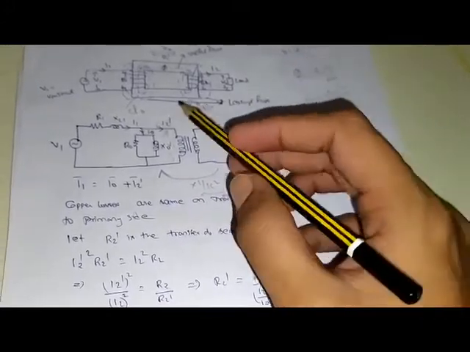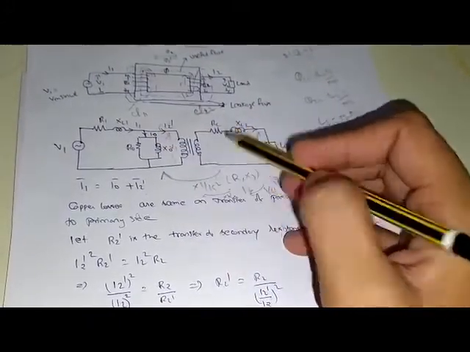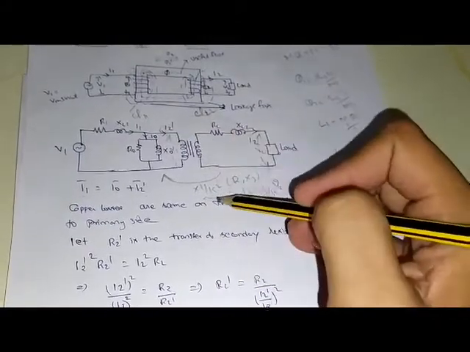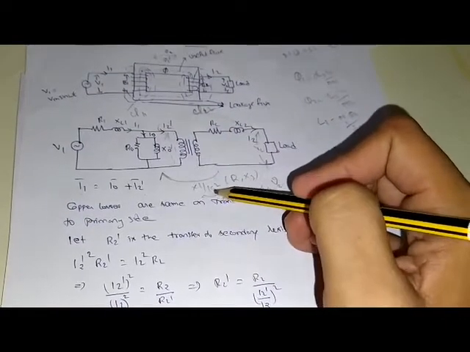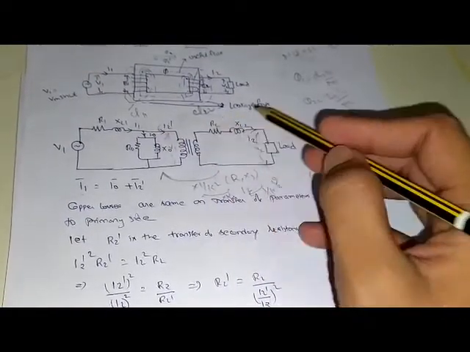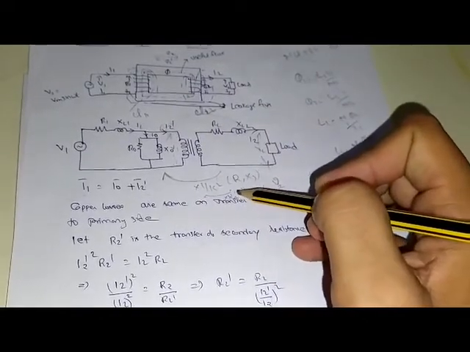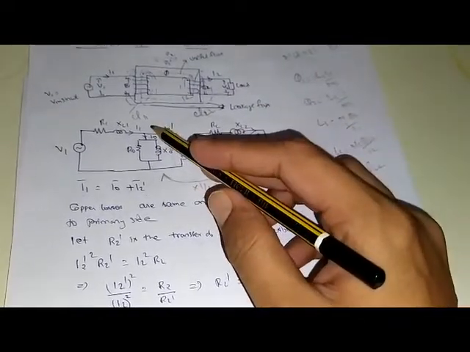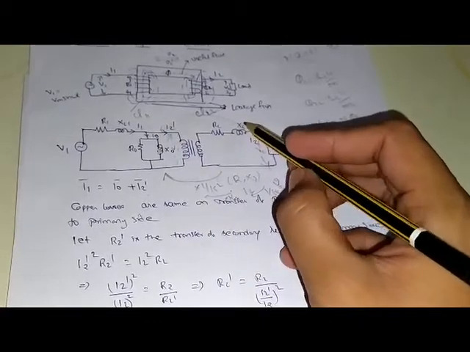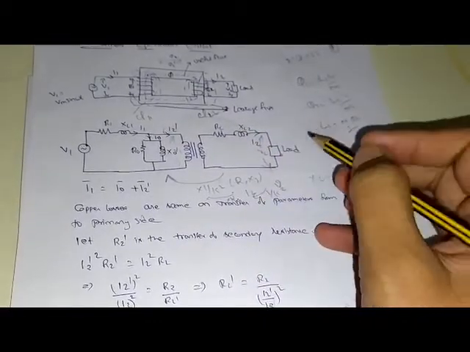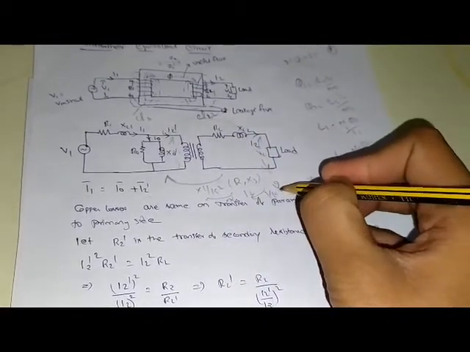Similarly, vice versa. If I transfer resistance from this side to this side, it should be multiplied with K square. As you see here, divided with K square; here, multiplied with K square. Here I am multiplying with K. So if I transfer current from this side to this side, it should be divided with K. This is K, not K square.